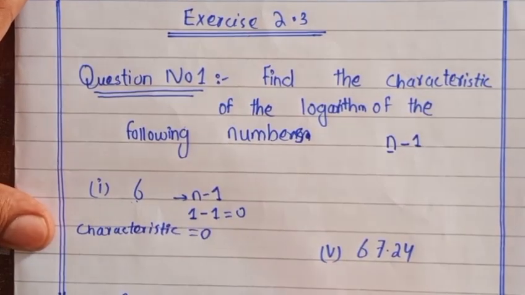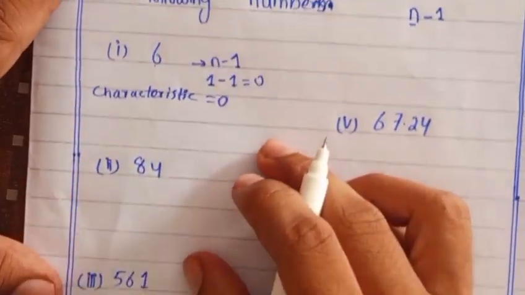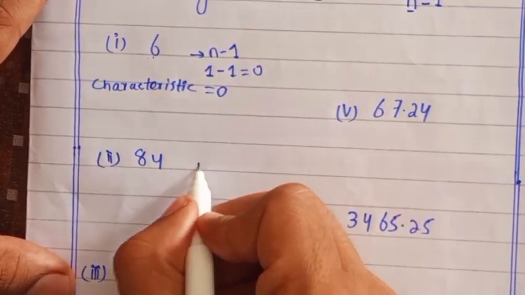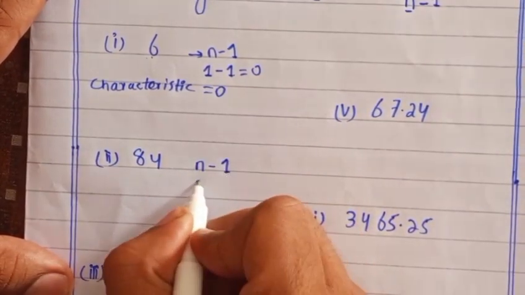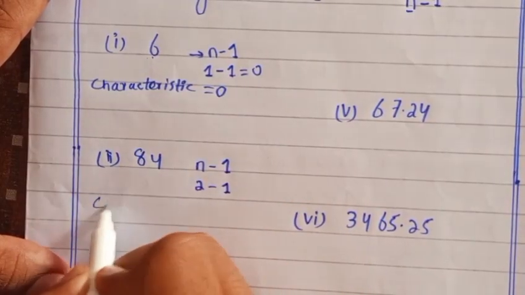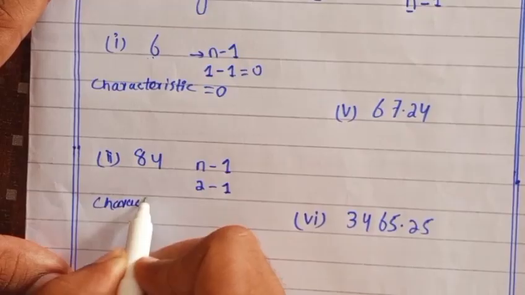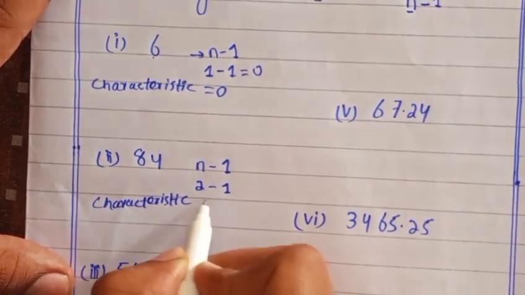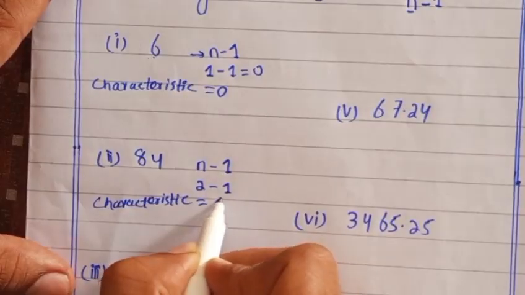My characteristic is 0. Come to number 2, that is 84. There are two digits, so n minus 1 means 2 minus 1. What is my characteristic? That is 1. Characteristic is 1.